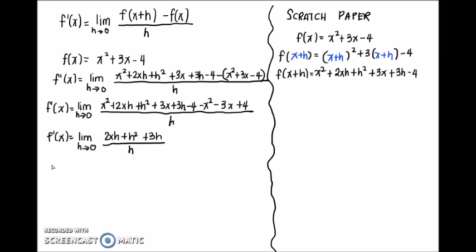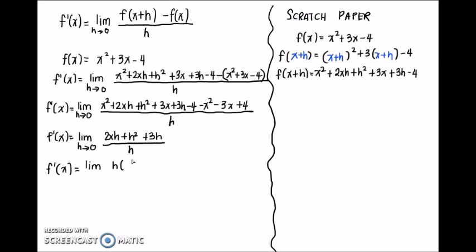So what we do is, we simplify the fraction first. But doing so, we will have to factor out the common among the numerator. So ang common sa kanilang lahat ay h.